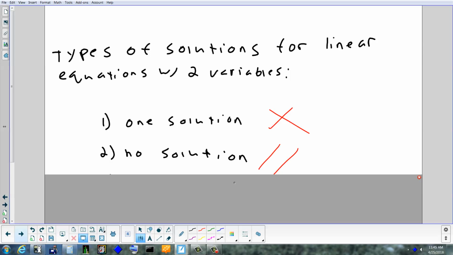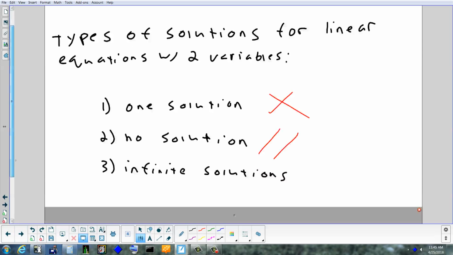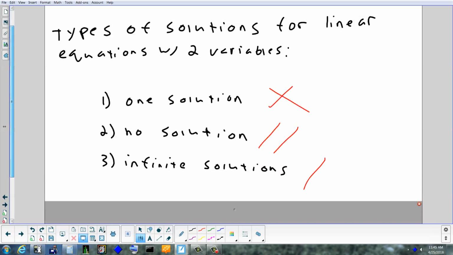What's the third thing that could happen? Well, perpendicular would just be one solution. They would cross exactly one time. They could be exactly the same line. You get one line right on top of another line, and they cross everywhere. So there's an infinite number of solutions.